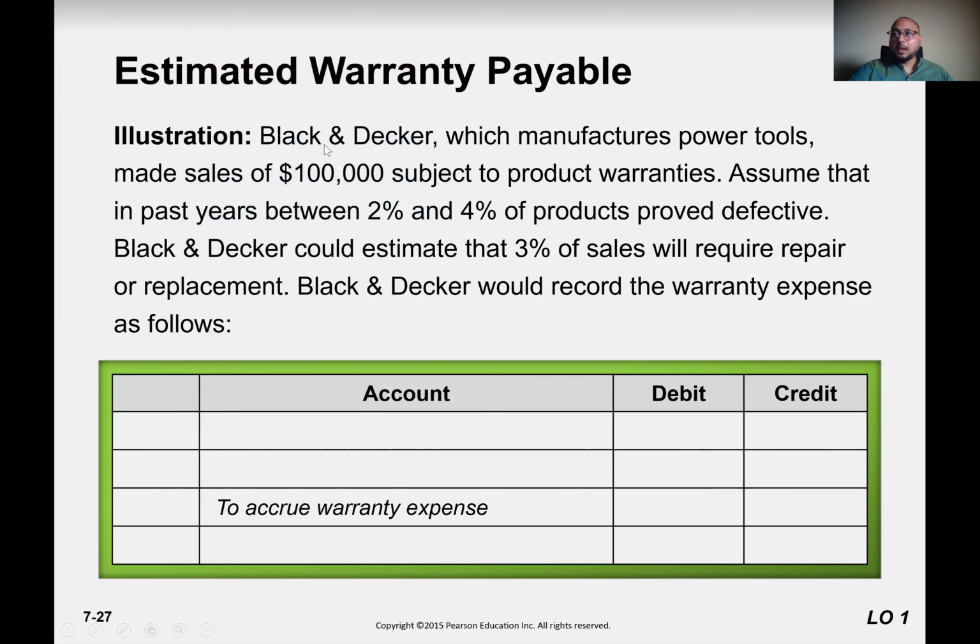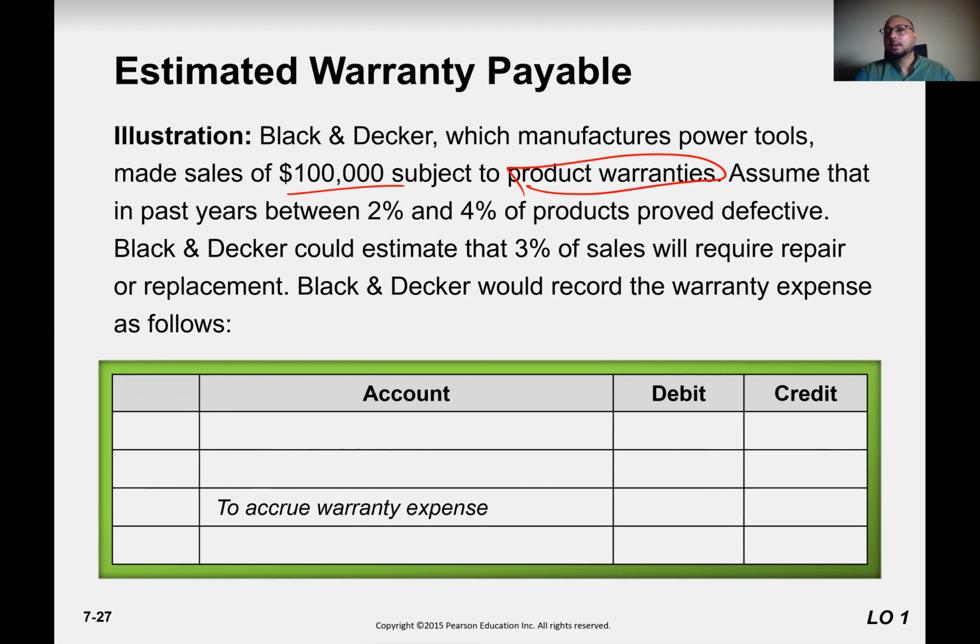So I have an illustration here, so let's read that one. Black & Decker, which manufactures power tools, made sales of 100,000 subject to product warranties. The sales is 100,000. The question is silent, so it must be credit sales, right?